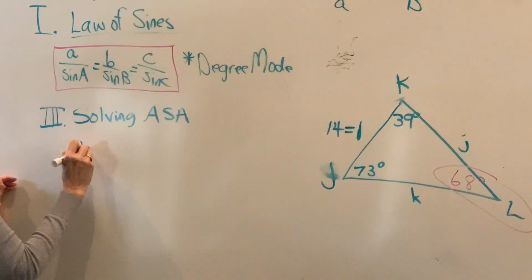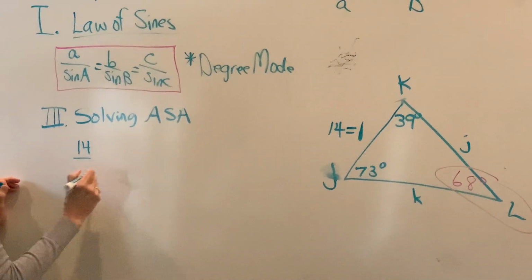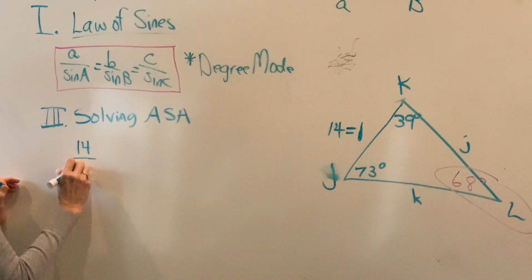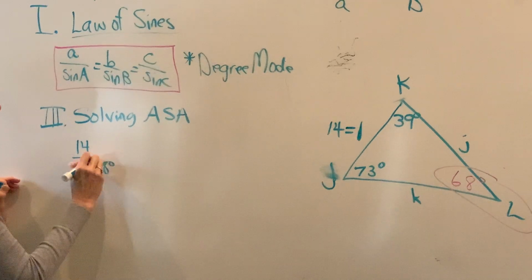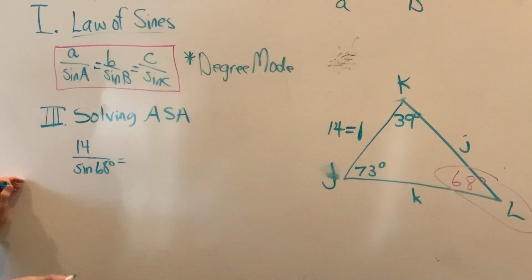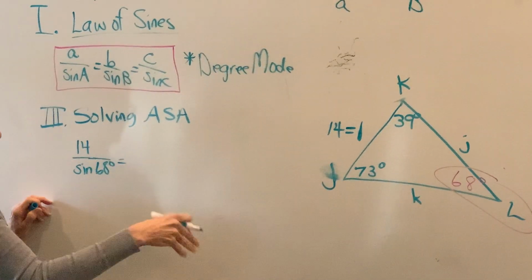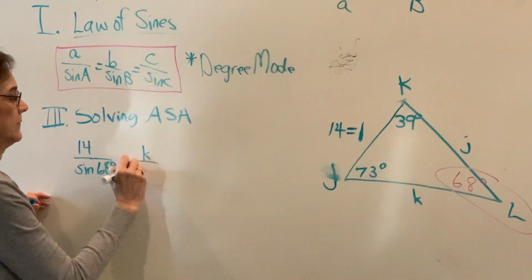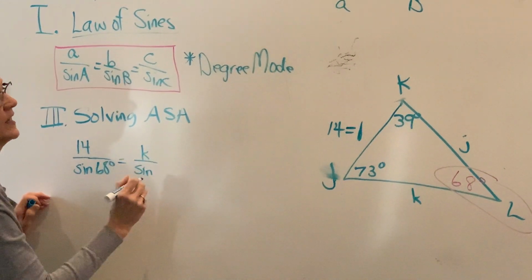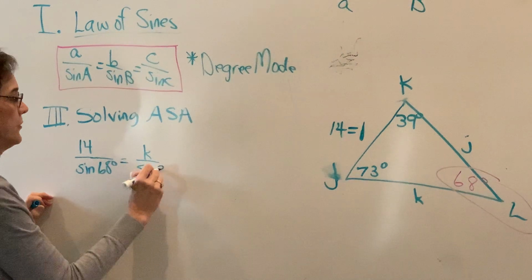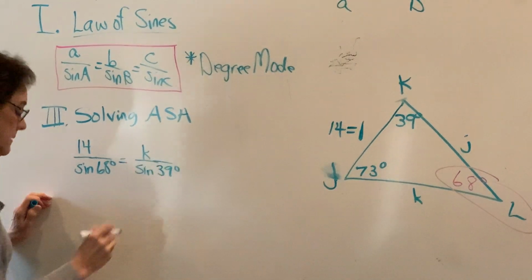So 14, that side L, is to the sine of 68 degrees. So you can just find whichever one you want. I'll just do the K over the sine of 39 degrees.